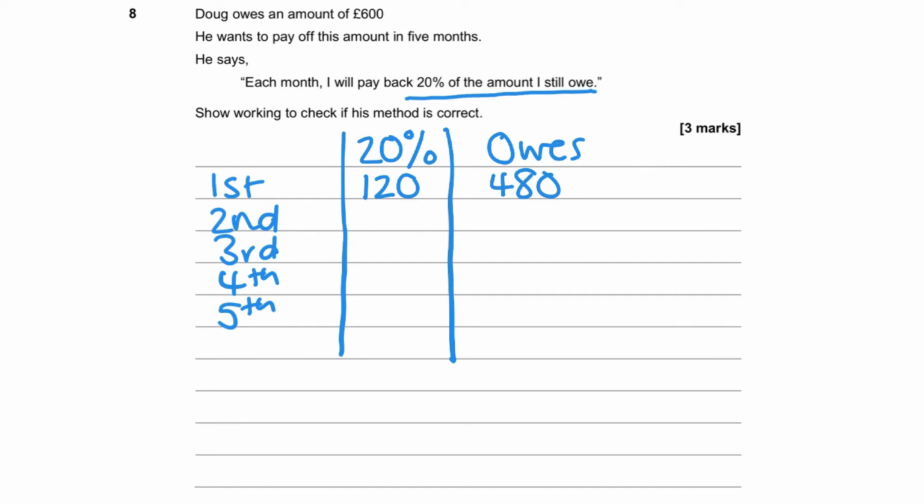So for the second month, we now want 20% of £480. So for the second month, he pays back £96, leaving him still owing £384. So for the third month, we're taking 20% of £384, so he's going to pay back £76.80, leaving him still owing £307.20.